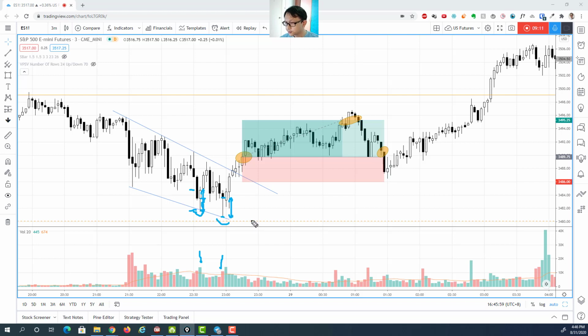distance traveled. In terms of the spread, I think this is a bit larger than this bar here. And in terms of the distance traveled from the low to the close, I would say it's probably about the same.